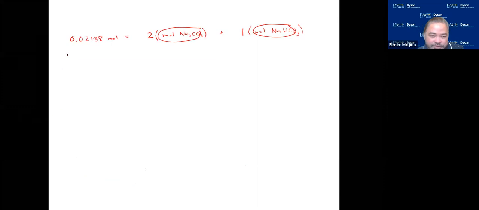So if we're going to continue, I have 0.2138 moles here. And then this one will be X divided by 105.99. Oh gosh.